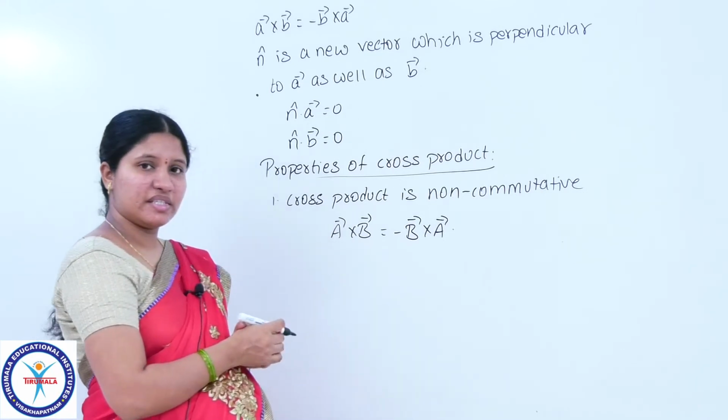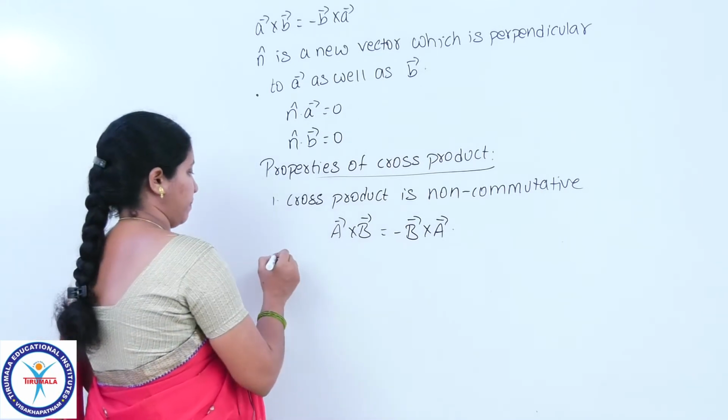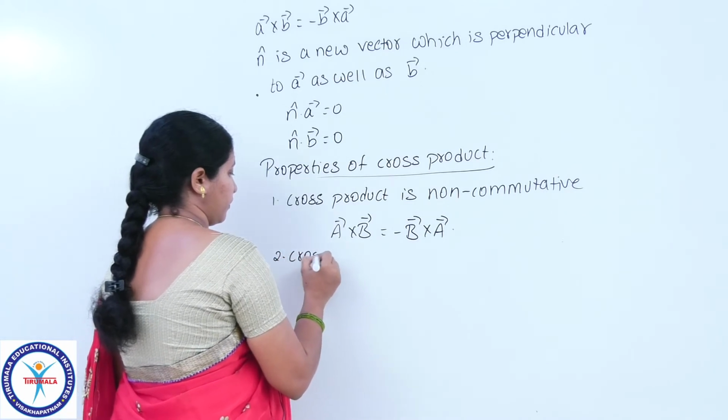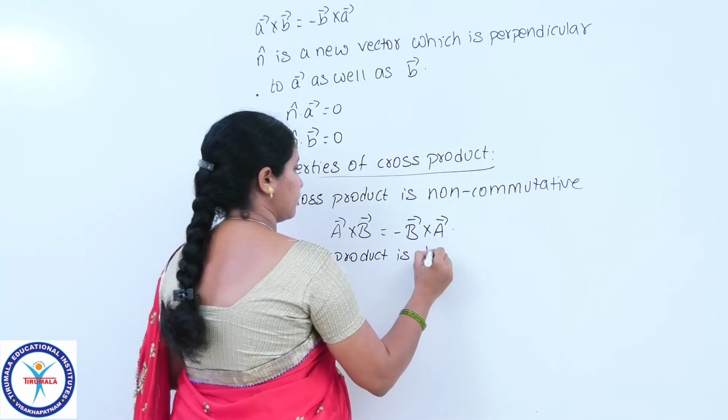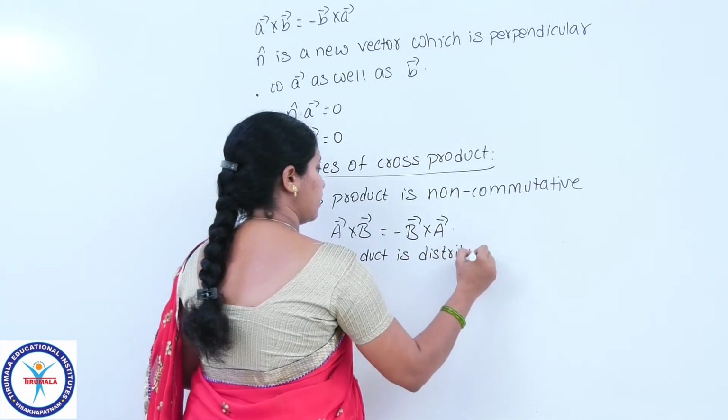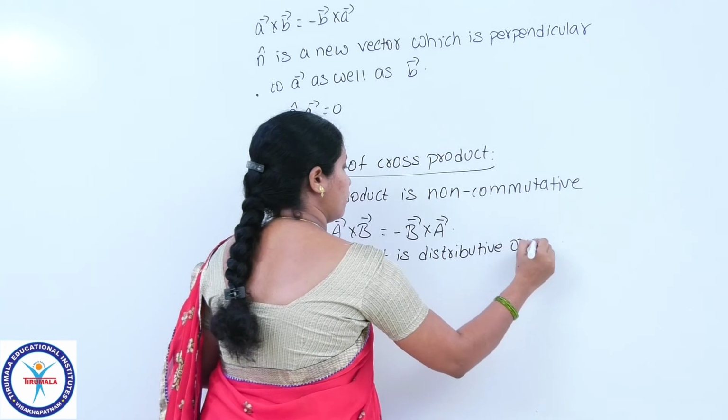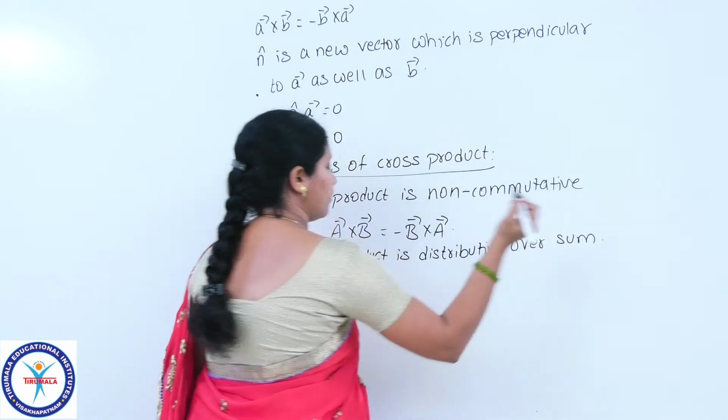So cross product is distributive over sum.